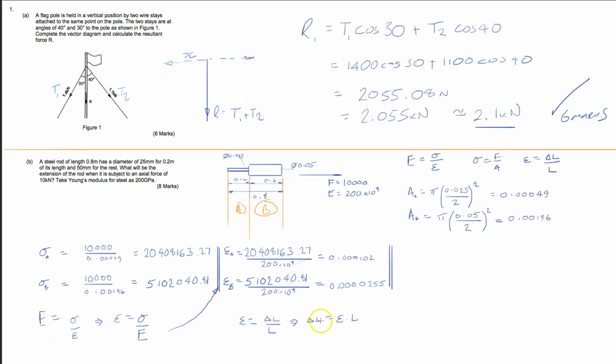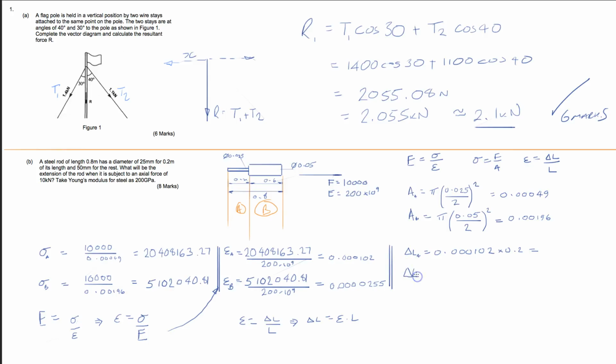So let's go. Delta L for section A is going to be equal to the strain there, 0.0000102 times the original length of that section, which is 0.2, which is equal to something.